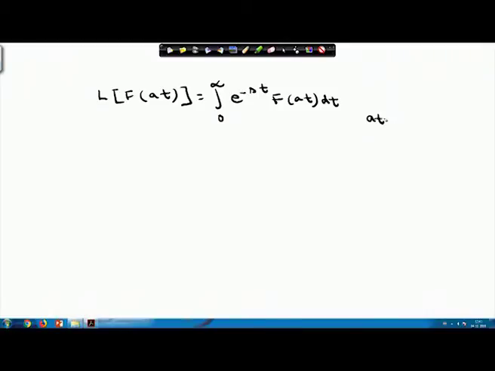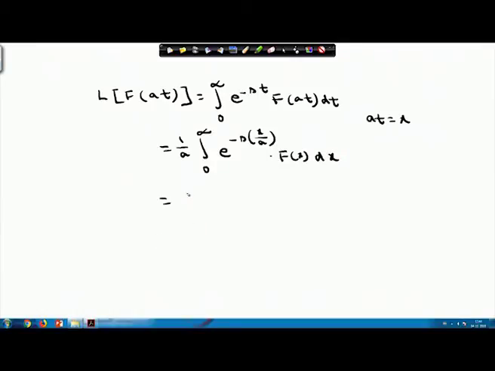Put here now a t equals x. Whenever I am putting a t equals x, then 1 by a, the limit will remain the same, 0 to infinity, e power minus s into x by a will be here, t is x by a, into f of x dx.